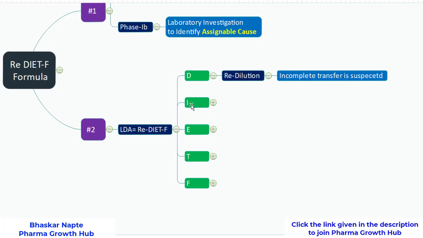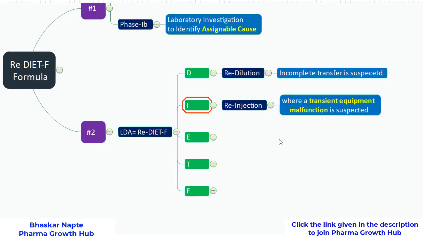The second term stands for I. So what is the I now? The I stands for injection, and so there is a re-injection. So in case you are conducting HPLC or gas chromatography analysis, in what situation does the re-injection need to be considered? When there is a transient equipment malfunction.